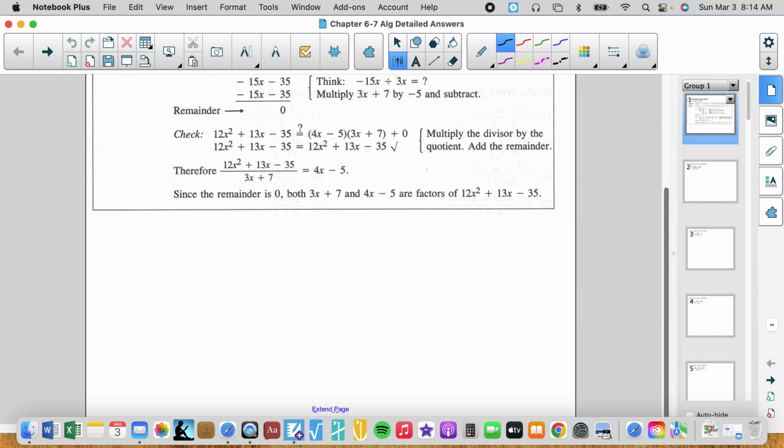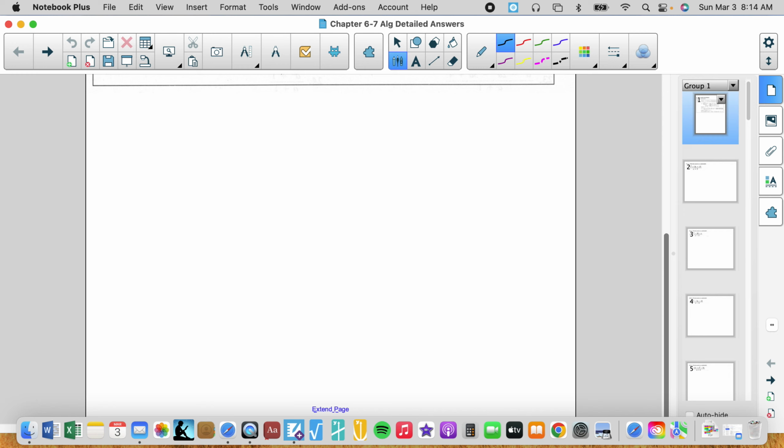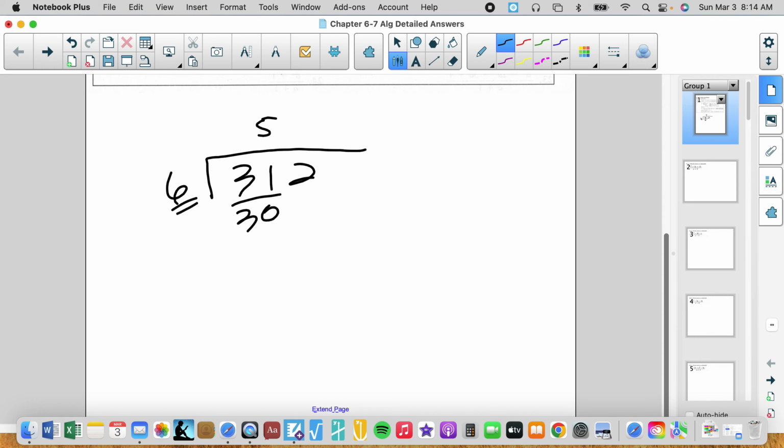When we have something like, let's do 6 divided into 312, I don't know. So we look at that number, we take the first two, 6 goes into 31 5 times, so 6 times 5 is 30. Notice, that's a positive number, but what do we do with that?